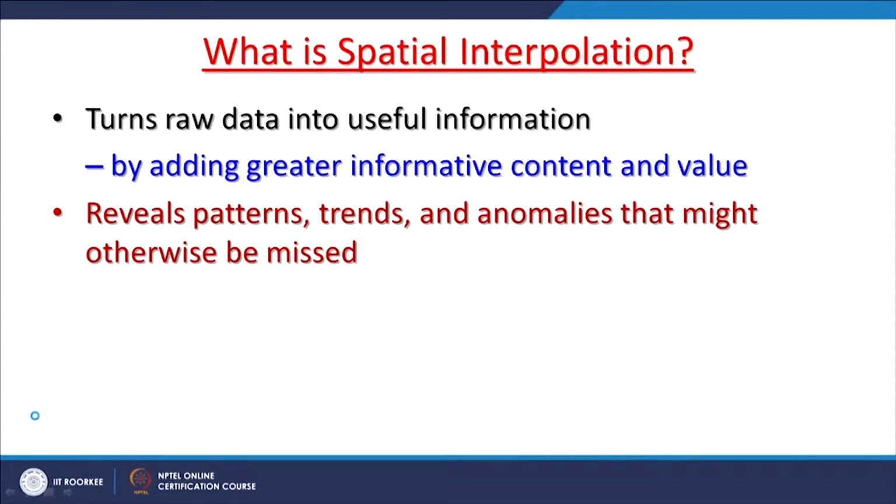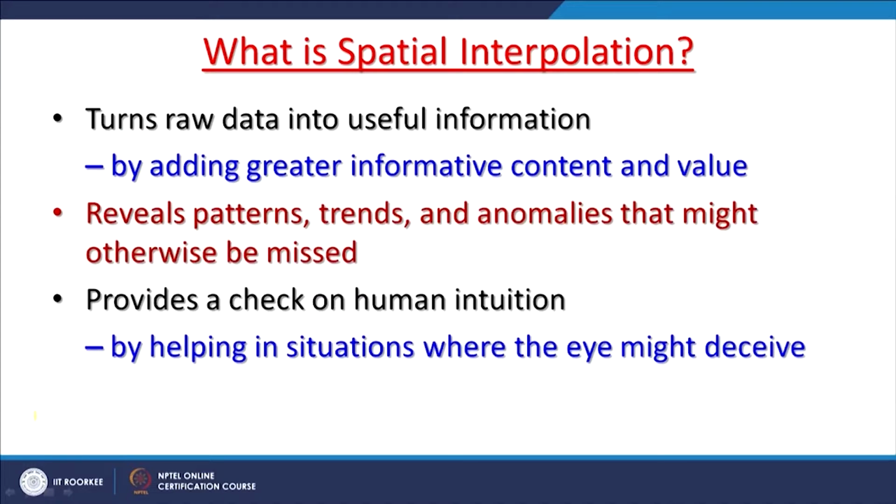There might be lows or highs or anomalies in any data set, which might initially be in the point data. After converting through spatial interpolation into a surface, we can detect anomalies, we can mask other areas, we can use the anomalous area only. So, a lot of usefulness of spatial interpolation is there.